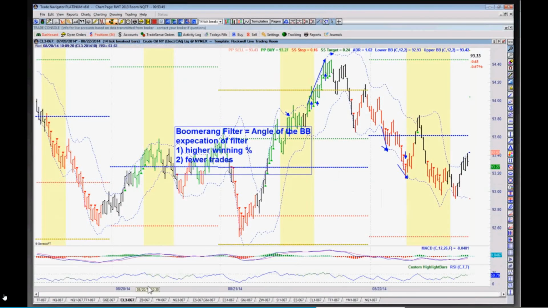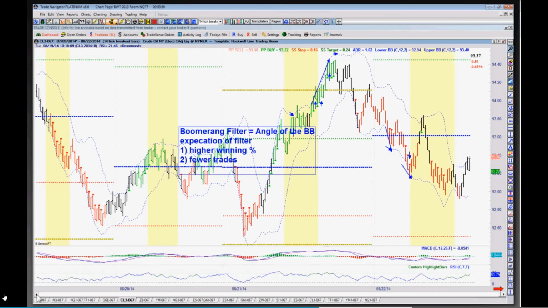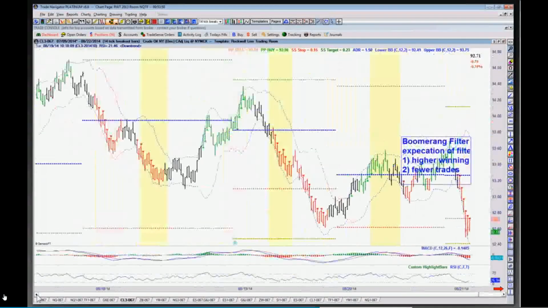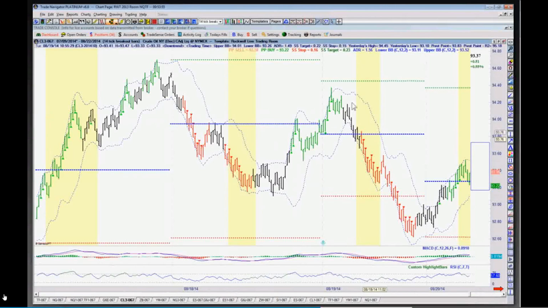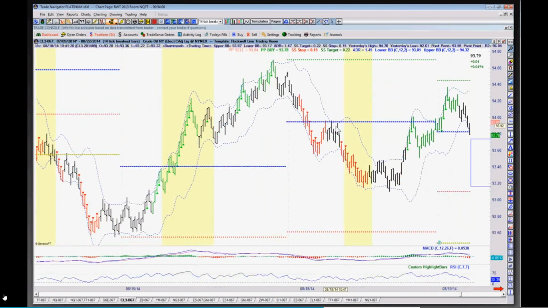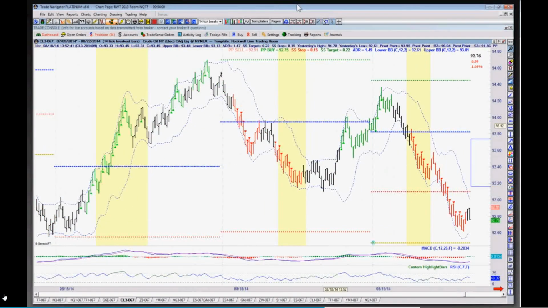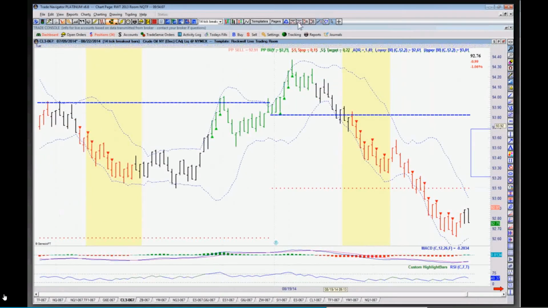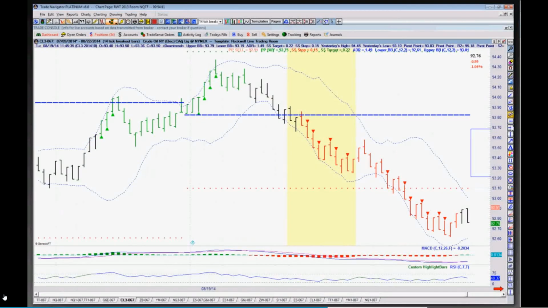Okay, let's see if we can find some other examples where the slope comes into play. Actually, this stays pretty nice because, do you see here?